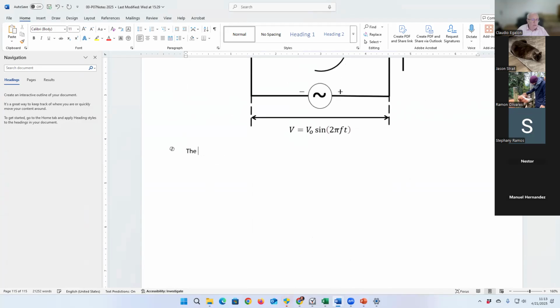The above equations for the voltage and current can be displayed alternatively and graphically in the following way.